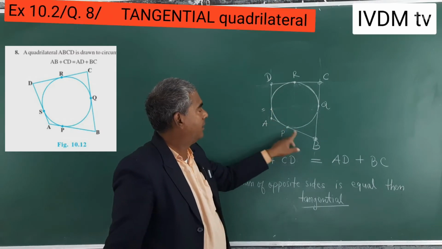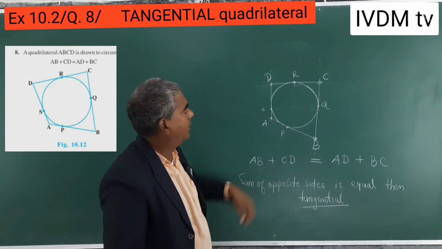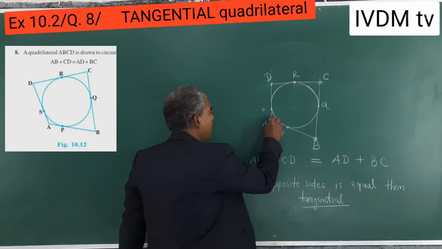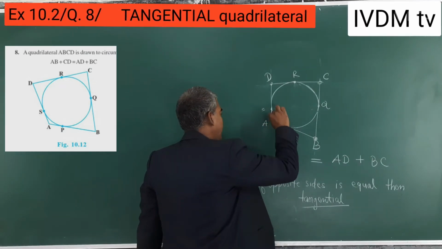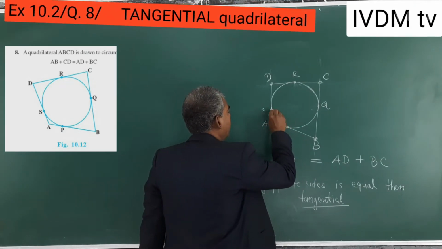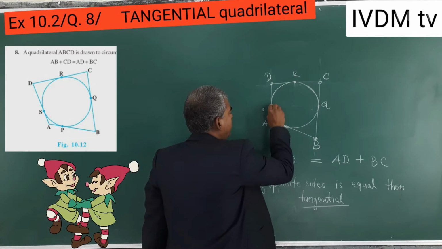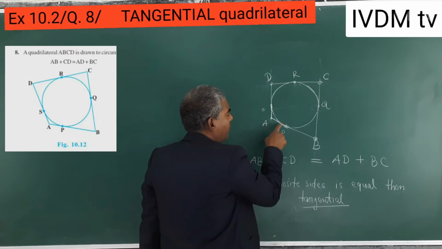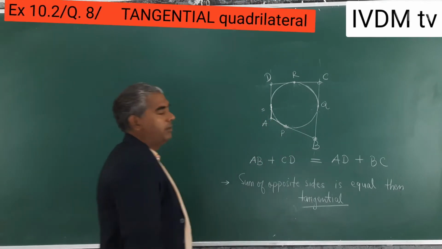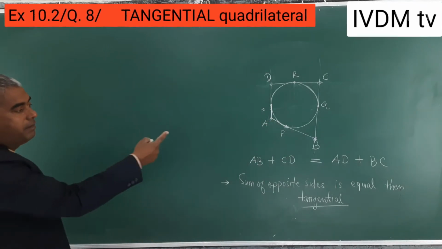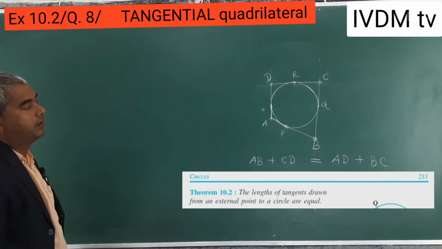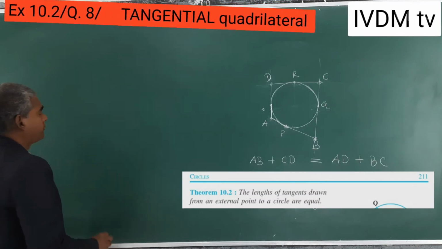A is here, and AS and AP are equal because these are the tangents drawn from external point A. This is the theorem that will be used here. Then B, BP, and BQ. So it's a very easy question.